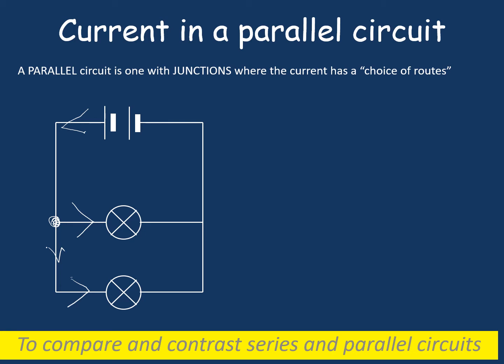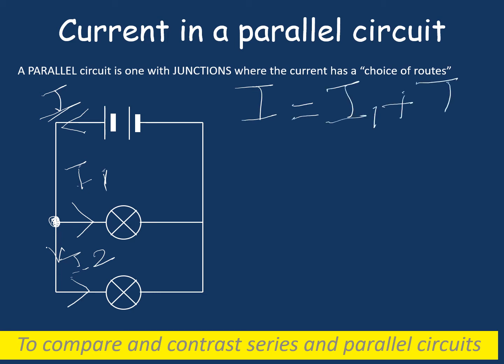So if the current I is coming out of the cell, when it reaches the junction, it splits into I1 and I2, in such a way that I is equal to I1 plus I2.